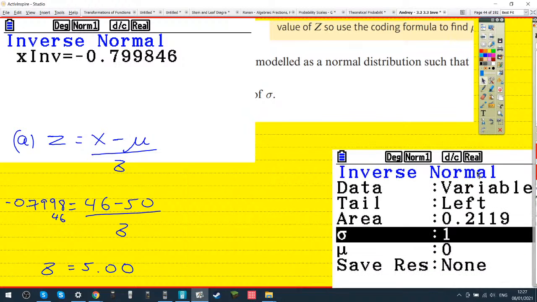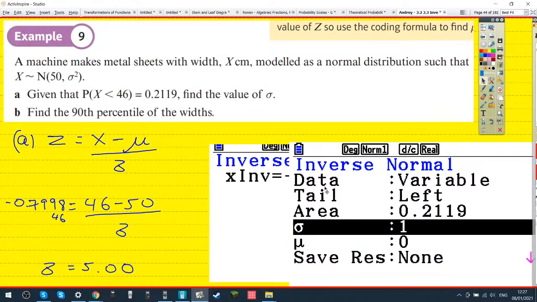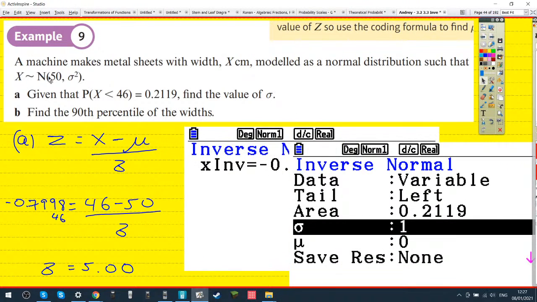Big picture is we know the mean and the x. We want the standard deviation that will give us a probability or an area of 0.2119. Problem is we don't know the deviation, but we do have a formula that connects x, mu, and d.